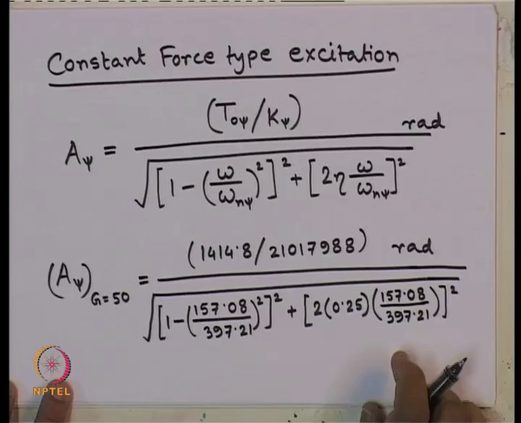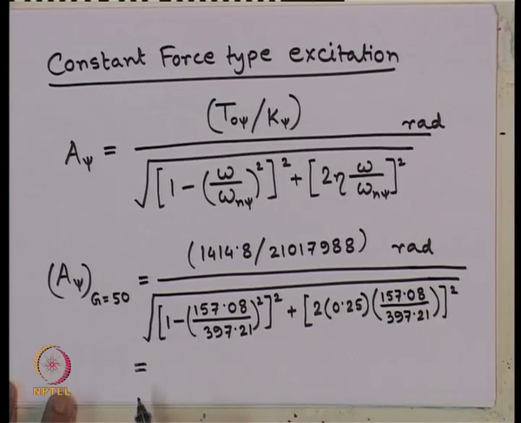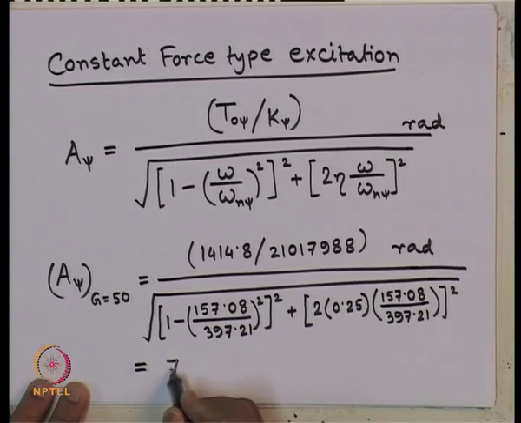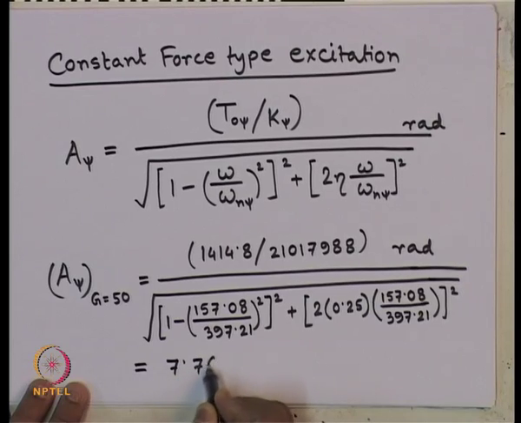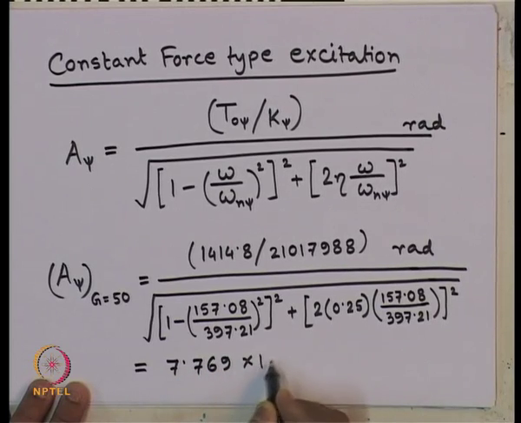Now, let us calculate this, how much are we getting? It is coming about 7.769 into 10 to the power minus 5 radian.